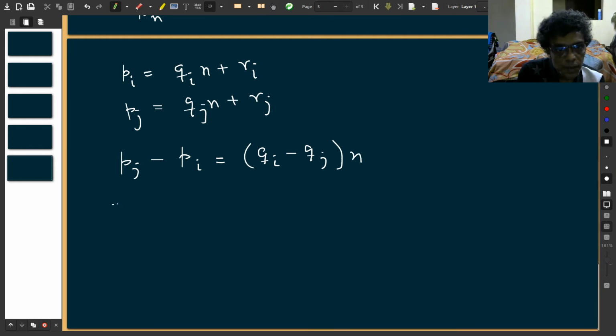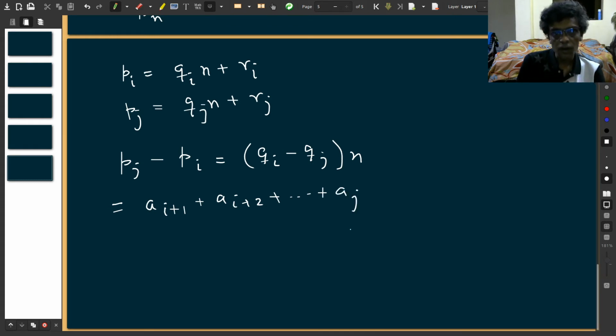But what is Pj minus Pi? This is nothing but a(i+1) plus a(i+2) up to aj. So this is the non-empty subcollection, because j is greater than i, and they add up to some multiple of n. So that is my example 3.